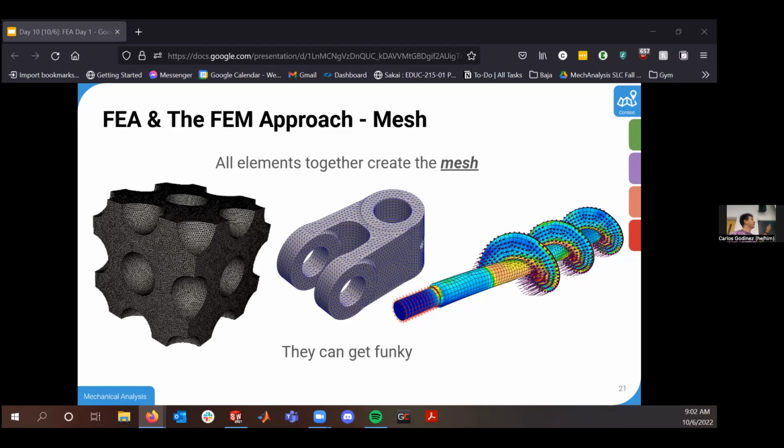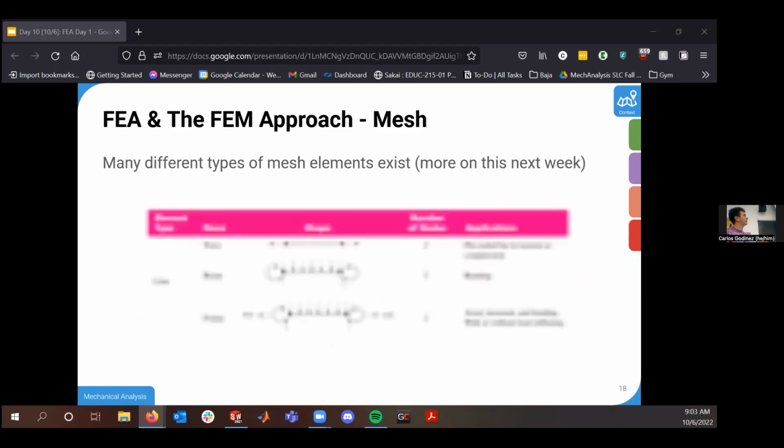So you'll get a quick snippet ahead. Each one of those elements I mentioned before: if we start with this beam bending, I'm saying this is going to be a truss shape, meaning for each node I only have 1 degree of freedom, where I can only move axially in the direction of the load.